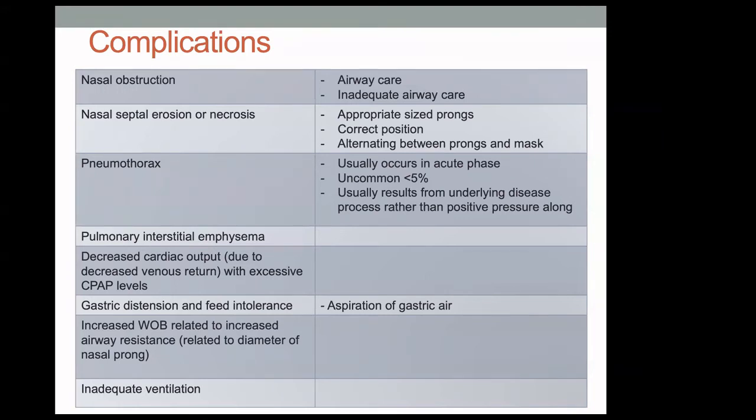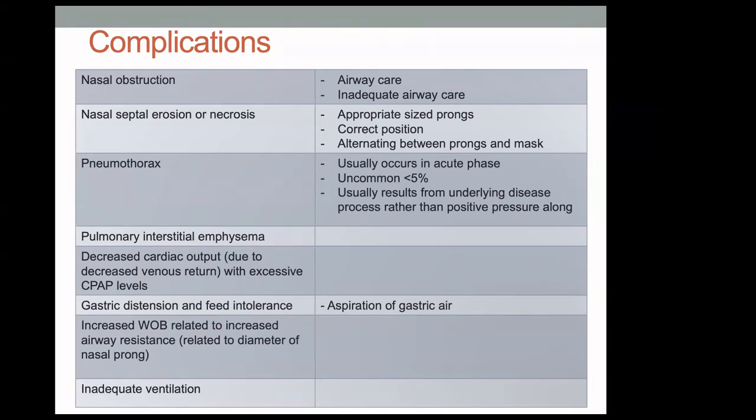Pneumothoraces are rare. There's a less than 5% prevalence, and often they may be due to an underlying condition rather than the CPAP alone. And if you have a baby on CPAP with a rapidly escalating oxygen requirement, a pneumothorax needs to be on your differential diagnosis.